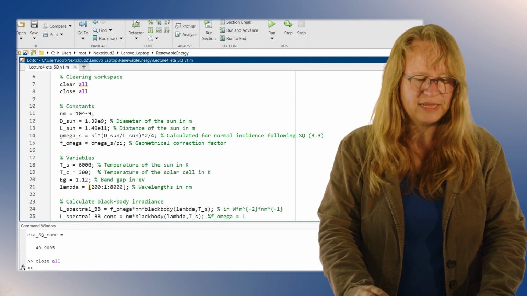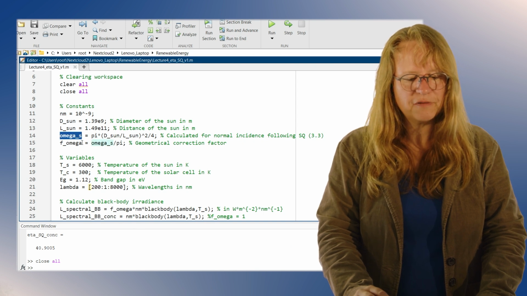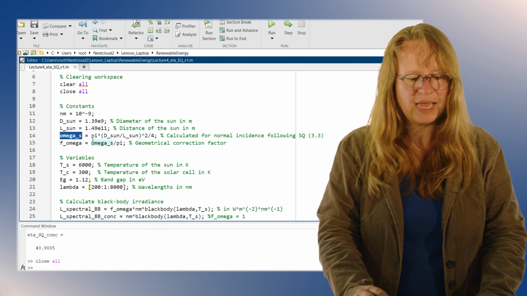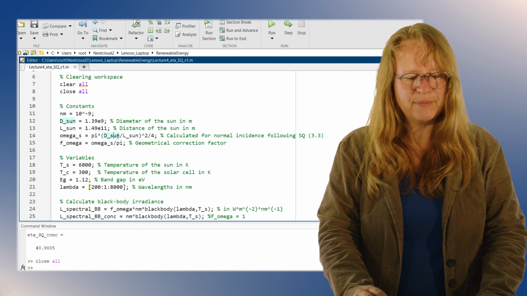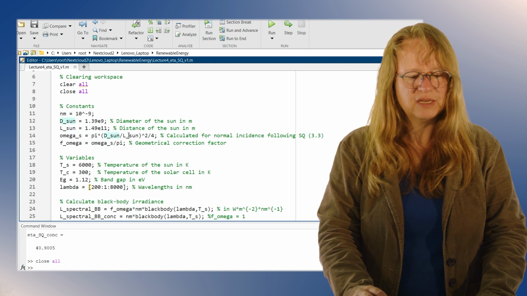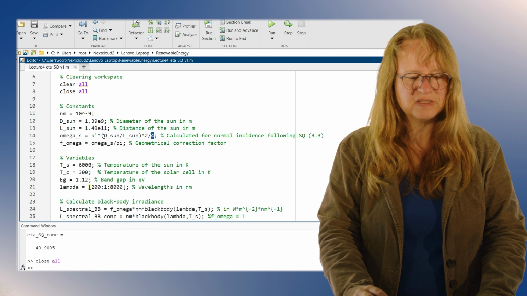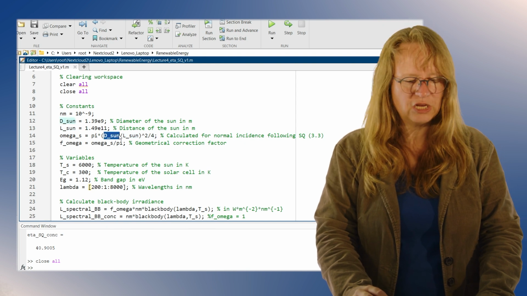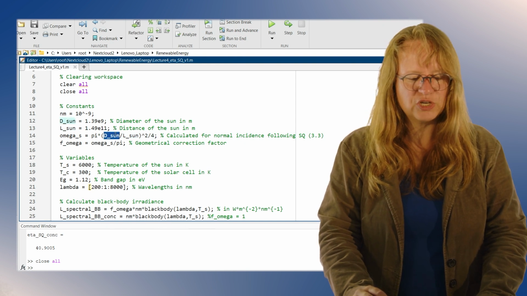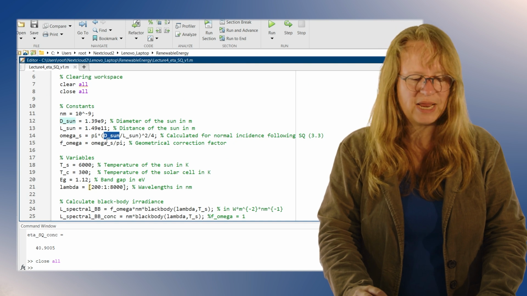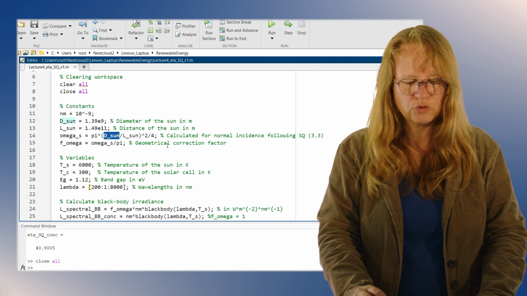Or first of all, I calculate the solid angle of the sun, omega s, given by pi times the diameter over the distance squared, divided by 4. This 4 comes from the radius of the sun here. So diameter squared over 4, or radius squared just, it could be.